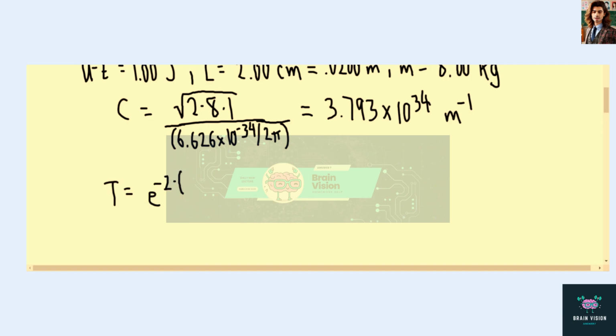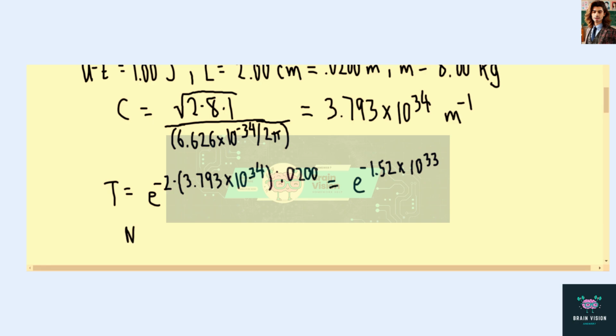And our transmission coefficient, with e to the minus 2CL, is going to be an incredibly small number as a result: e to the minus 1.52 times 10 to the 33.